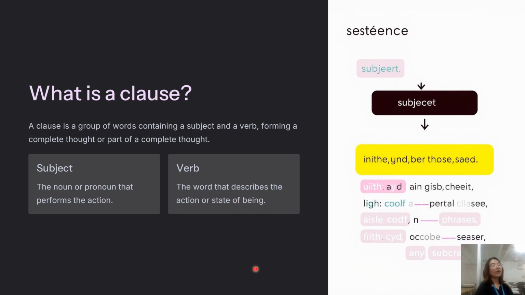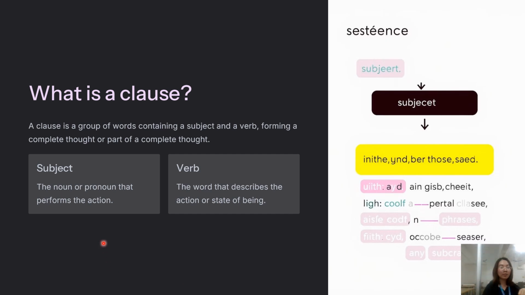So what does this mean? What is a clause here? Inside a clause we have a subject and a verb. A clause is a group of words which contains a subject and a verb.